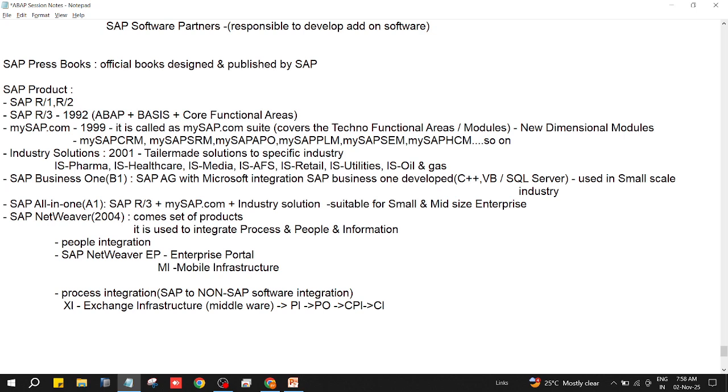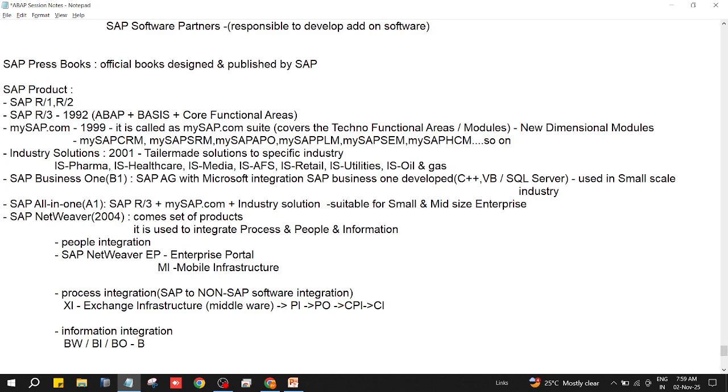Last and final is information integration. People connecting to people is done, and connecting to other software is done. Now information integration happens through SBW, BI, and BO. BO is a completely separate platform.